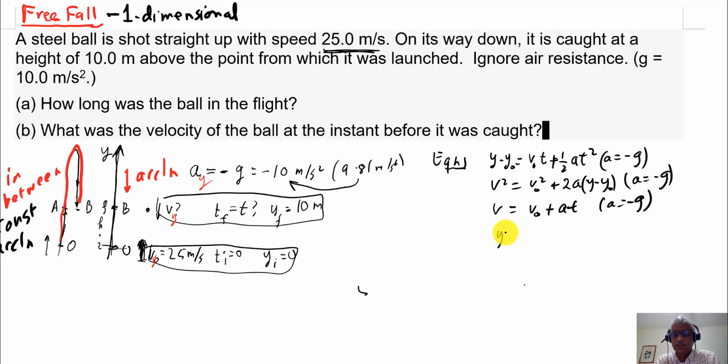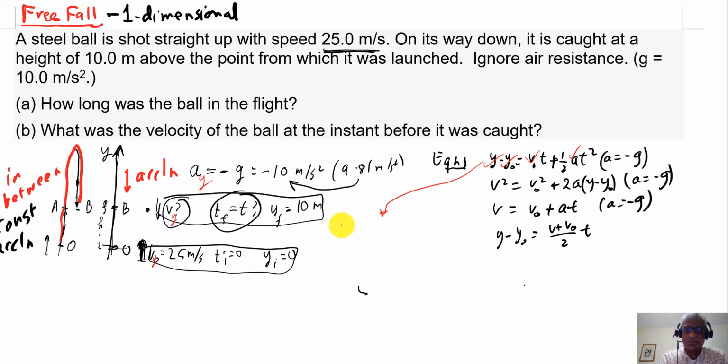There's another equation you can write: y minus y0 is (v plus v0) over 2 times t. So this is not known and this is not known. If I go into these equations, it's very clear what to do. This is known, this is known, this is known, this is known. So only t is not known. So we can try to solve it.